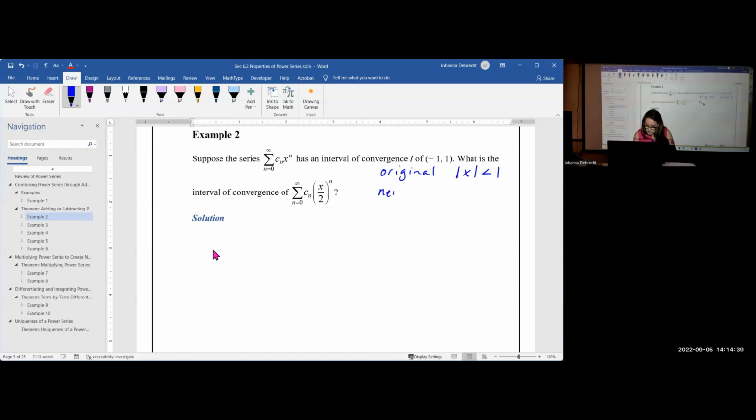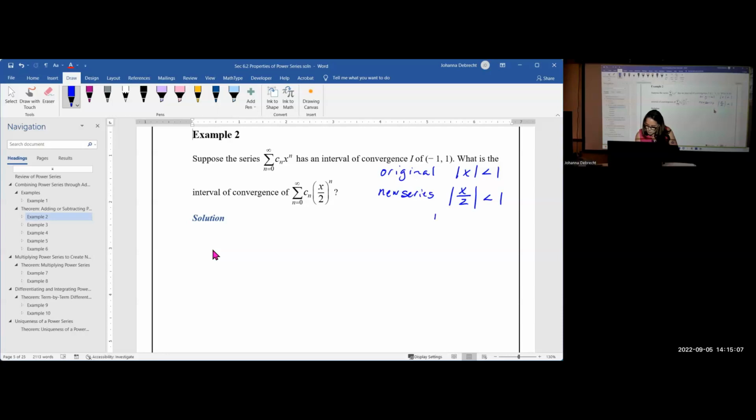So the new series will converge provided that x over 2 replaces that in the original interval of convergence. So this x over 2 still has to be in I. But that's going to give us a slightly different interval of convergence for this new power series. But again, x over 2 would be in I, provided that the following is true.